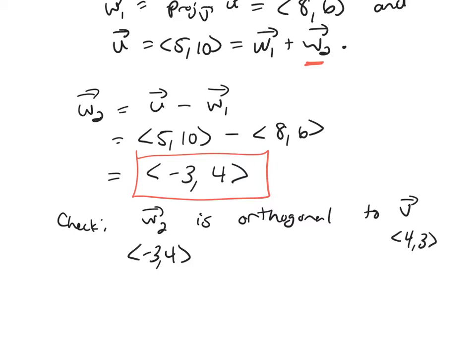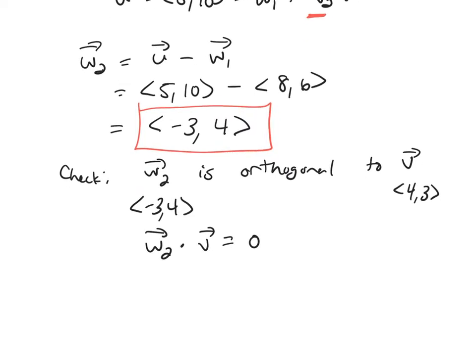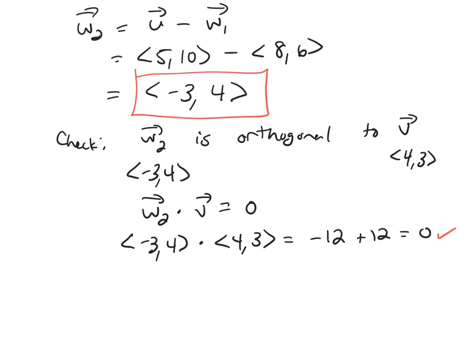And the way you check orthogonal is you need to check that the dot product is equal to 0. So let's take the dot product of these two vectors together. And what do I get? I get negative 12 plus 12, which is 0, which is what I needed to happen. So these two vectors are orthogonal. And there's my answer that I had back up here.